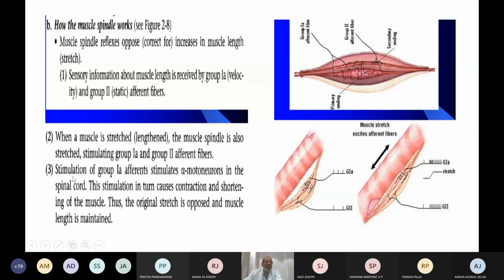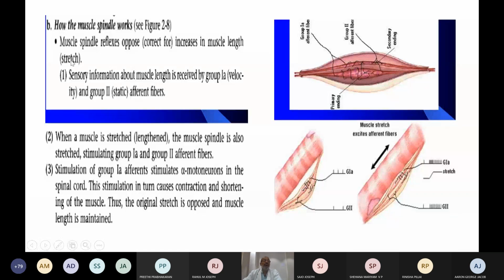Stimulation of group 1A afferents stimulates alpha motor neurons in the spinal cord. This stimulation in turn causes contraction and shortening of the muscles. Thus, the original stretch is opposed and muscle length is maintained.